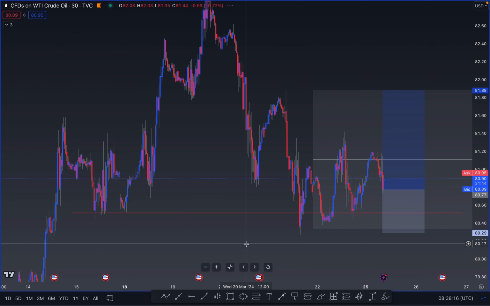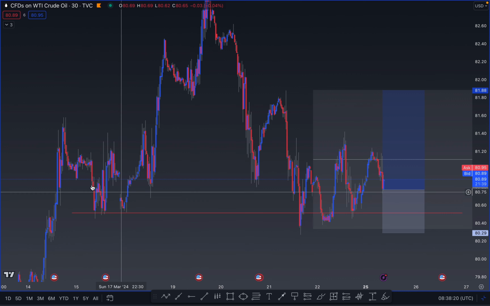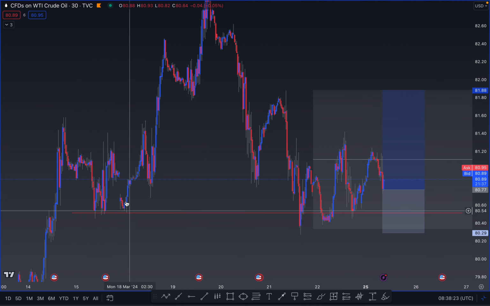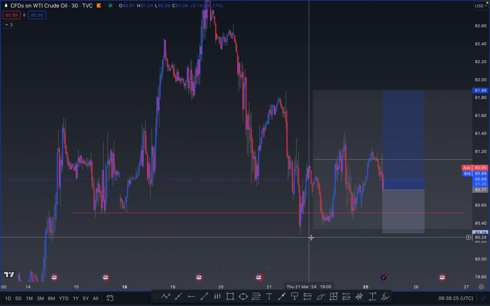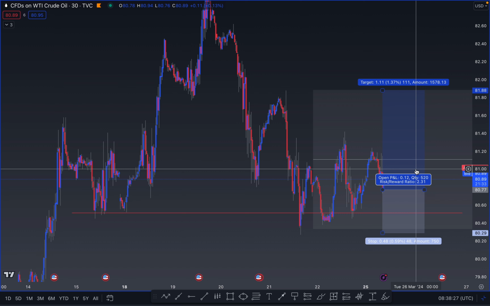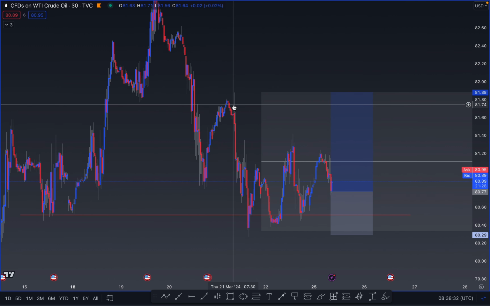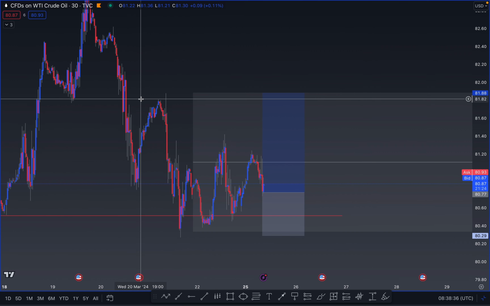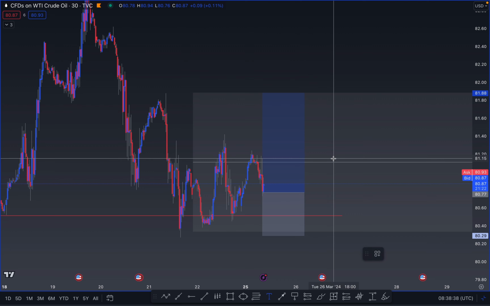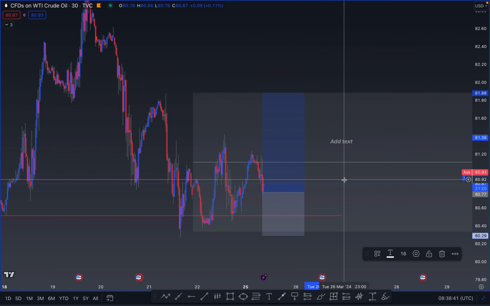As you can see, what US oil did on the 30 minutes is even more clear. The market pushed down and grabbed these lows right here, and then it started reversing right there, and this is the trade that I am going to be taking, and let's see how that goes. 1-to-1 partials, and the reason why I like 1-to-1 partials is because if you book 50% of your position at 1-to-1, if the market comes back to your SL after doing that, this is a BE trade.